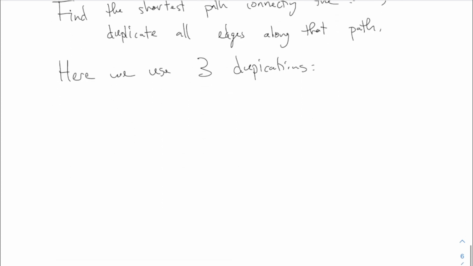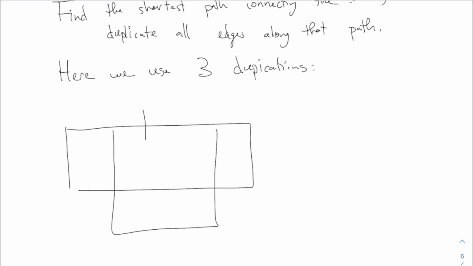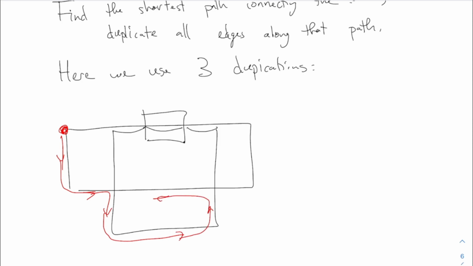And I'll try and draw my minimum duplication circuit here. So let's start over here. And reminding myself, these are the ones that I'm going to do twice. All right, let's see if I can do this. Like I said before, sometimes what I'm doing right now is the hardest part. It's not so bad if you have a little bit of practice. But I'll go there.